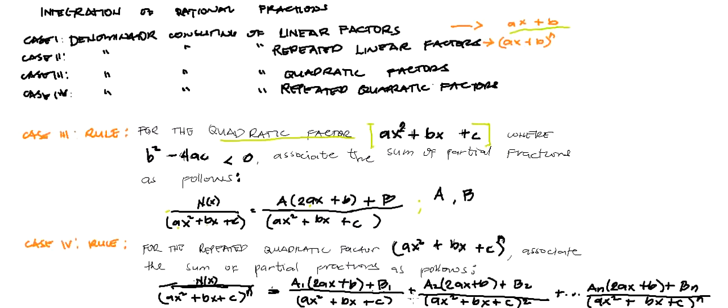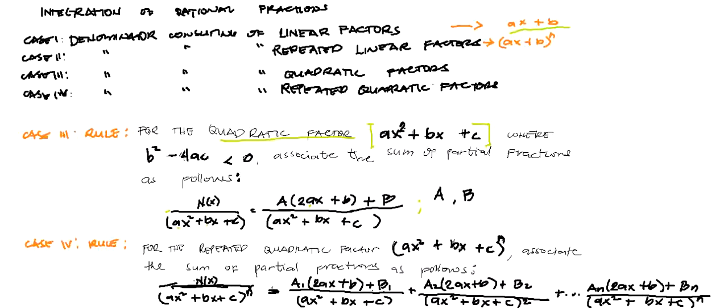So we add a similar formula until such time that we have our denominator raised to n, and we will end our formula until our last power is also equal to n.